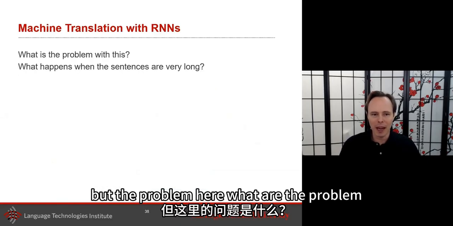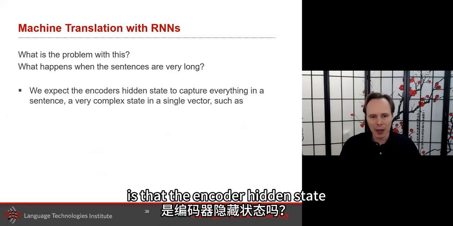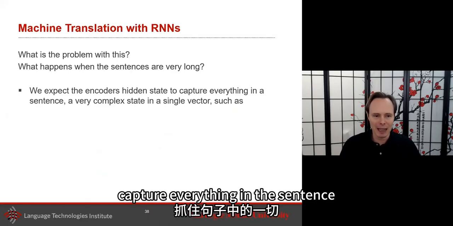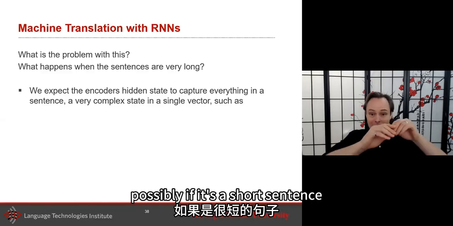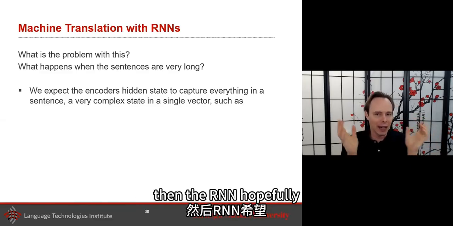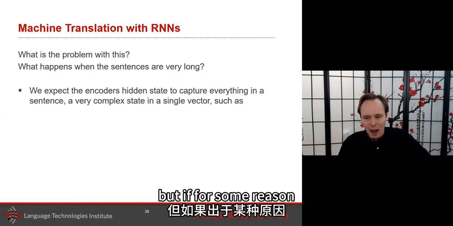But the problem here is that the encoder hidden state captures everything in the sentence. If it's a short sentence, then the RNN can hopefully get all of the information you need.